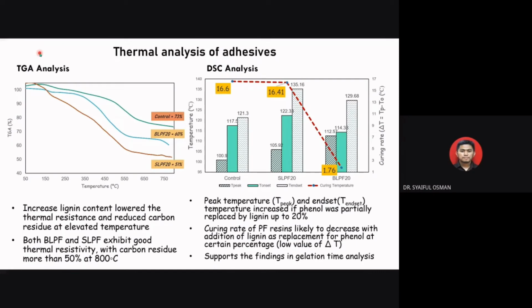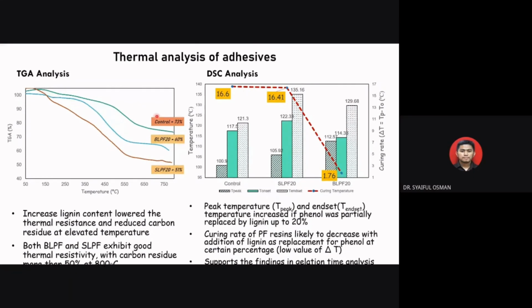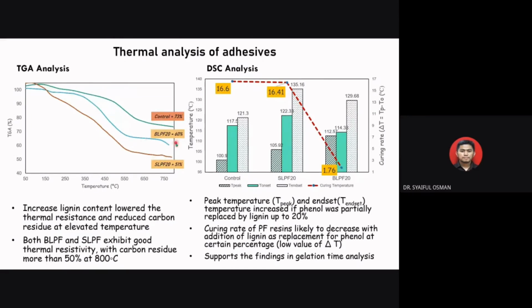An increase in lignin content, as we can see here, lowered the thermal resistance and reduced carbon residue at elevated temperature. Both lignins that I obtained from both bamboo species that I utilized to synthesize lignin-phenol-formaldehyde adhesive exhibit good thermal resistivity, with a carbon residue of more than 50% at 800 degrees Celsius.